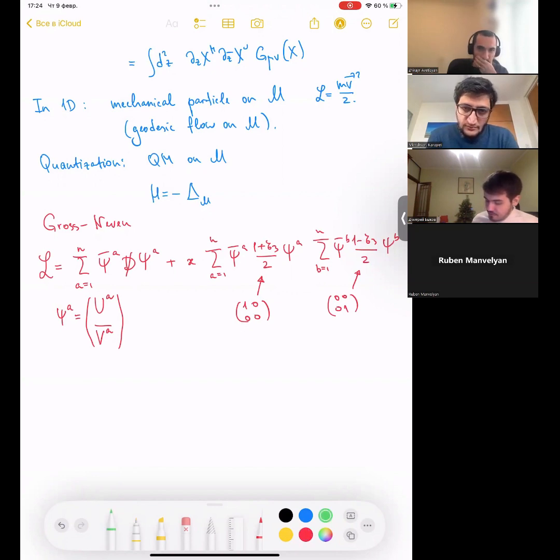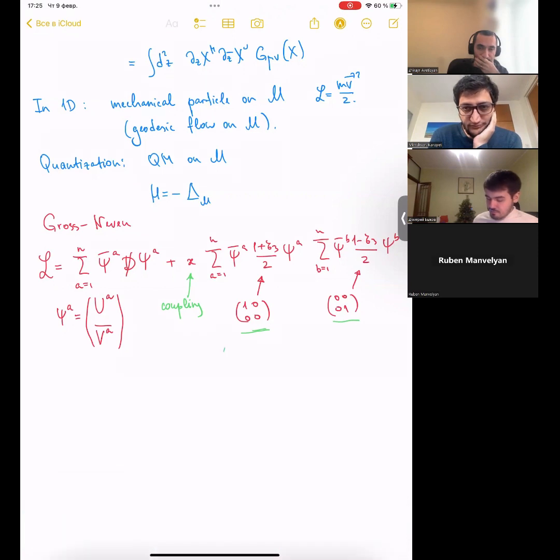So kappa is a coupling constant. The fact that there are these projectors, these are called chiral projectors, so the model is called the chiral Gross-Neveu model.